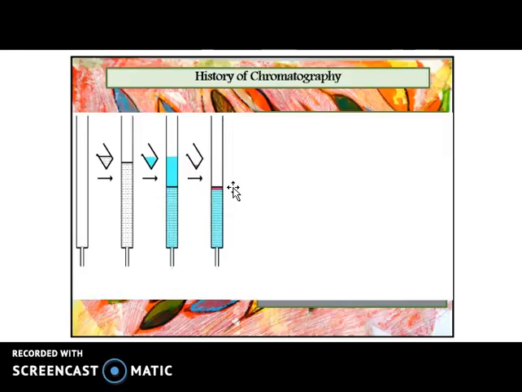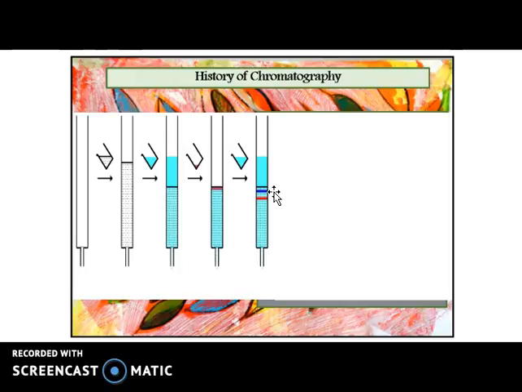Now you remember that chromatography is a separation process to see the differential affinity between the stationary phase and the mobile phase. So you need to keep the mobile phase moving, and that is why it is called a mobile phase. So you have to keep adding the mobile phase in order for the sample to start moving down the column.